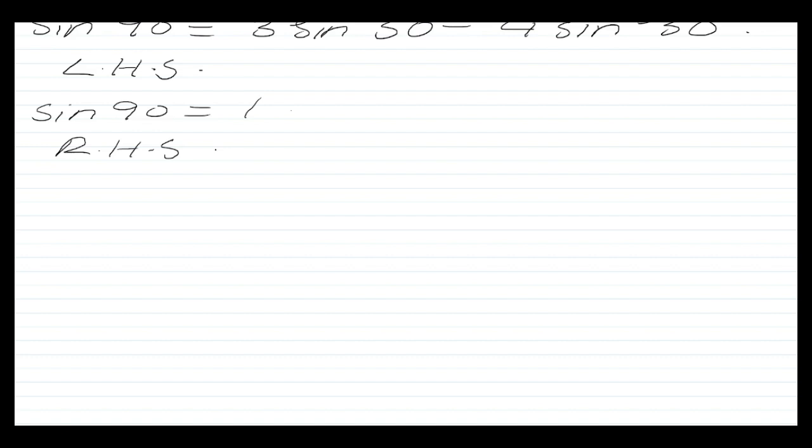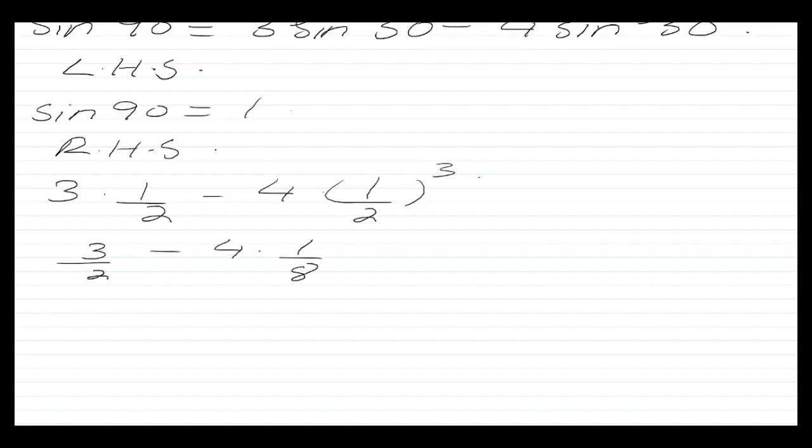So we can write 3 into 1 by 2 minus 4 into 1 by 2, but whole cube will be applied. And after that, here we will write 3 by 2 minus, and then this will be 1 over 8. So we can write 4 multiplied 1 over 8, and then we will have 3 by 2 subtracted from 4 over 8. Now we need to keep the denominator same.